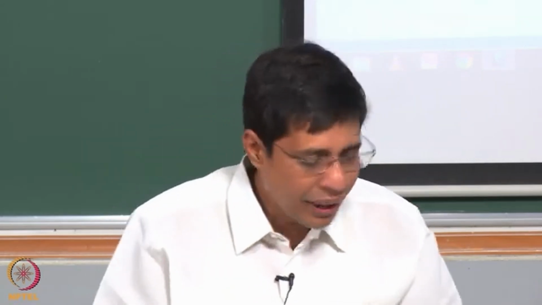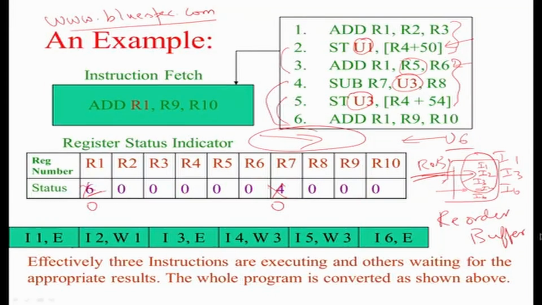That is why we call it dynamic instruction scheduling, because dynamically I go and schedule: this instruction will go to unit 1 and start executing, this instruction will go to 2 and wait, and so on. Who has done this? Hardware has done it, and it has scheduled every instruction to a unit to execute or wait. So this is basically scheduling, and this is done when the program is in execution. So that is why we call it dynamic instruction scheduling.